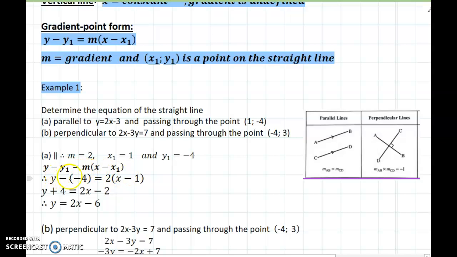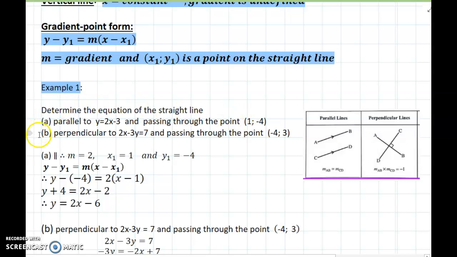So minus times a minus is a positive. 2 times x is 2x, 2 times minus 1 is minus 2. And now make y the subject. Subtract 4 on both sides, and so we get y = 2x minus 6. And this is the equation of the line that is parallel to that and passing through the point (1; -4).